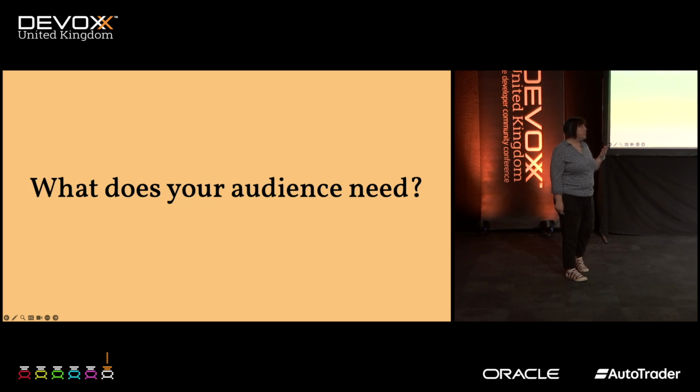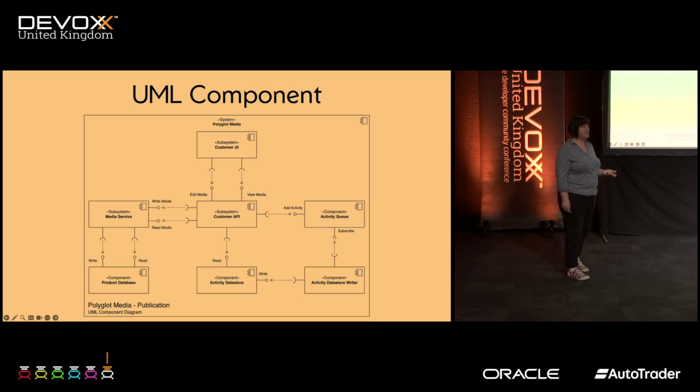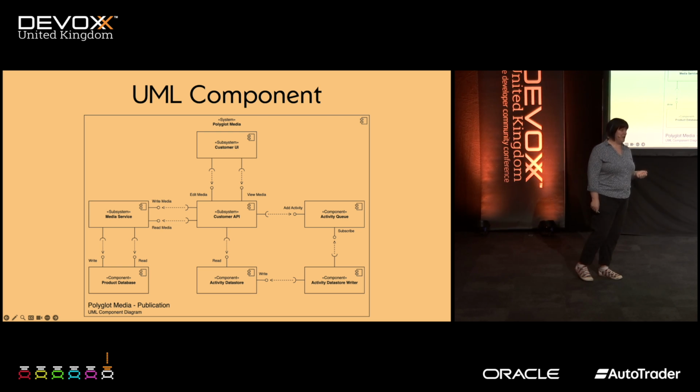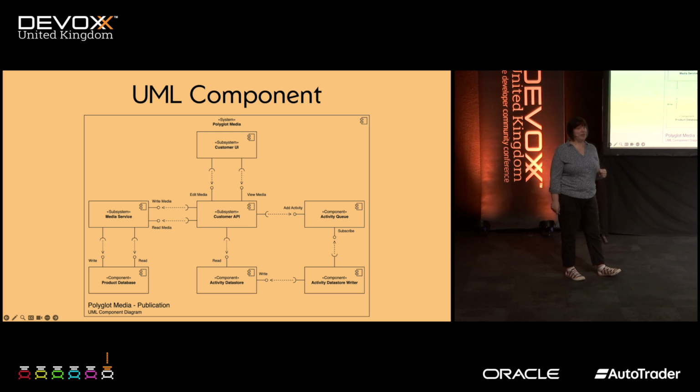Now, what we're thinking about here, going back to what I was talking about earlier, is what does your audience actually need? Do they need a UML component diagram? I can tell you that I've made precisely one UML component diagram in my developer and architect career, and that's this one.